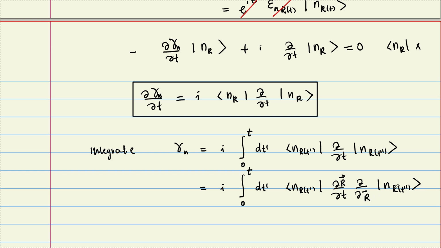Because the Hamiltonian doesn't depend, the state does not depend on t explicitly, it depends through r, so it's reasonable to do this. And here, this is t prime, and here I just change the variable. If I change the variable, this is going to be the r dot, and I can erase this one.